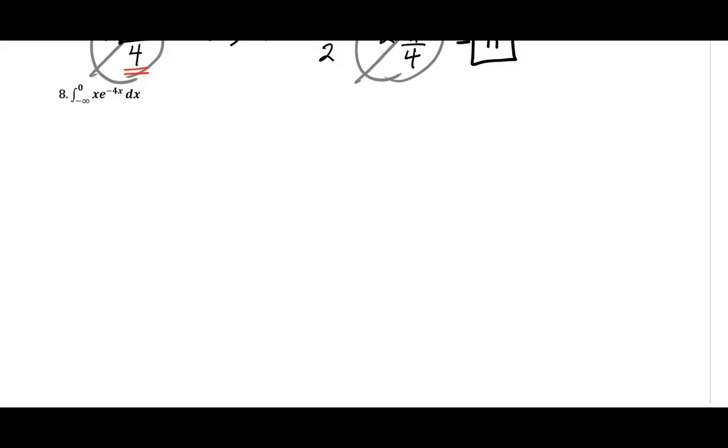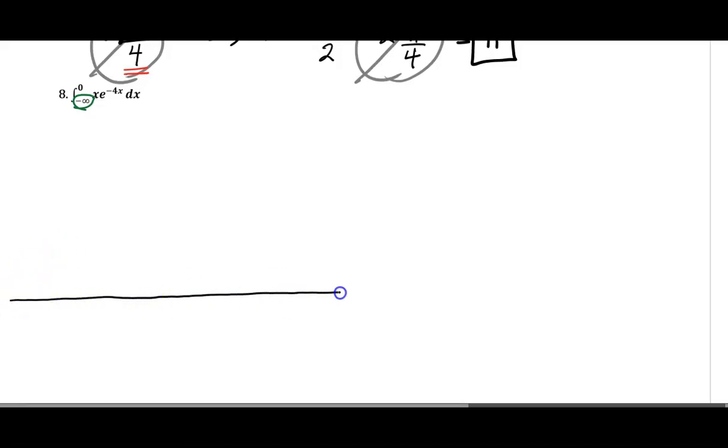In our last example, our integral is improper because of the lower limit of negative infinity. Everything else in the integral is continuous. What we will have to be careful with is how to actually integrate this. So I'm going to leave some blank space here.